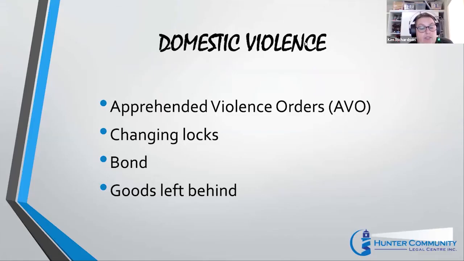Now, with the bond, the NCAT can actually make orders of bond payment between co-tenants if one co-tenant's tenancy has ended. So, for example, if you have left, you can make a written demand of your former co-tenant for payment of your share of the bond. You must give the co-tenant 14 days in which to pay.